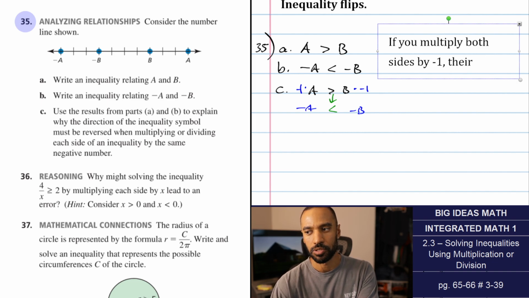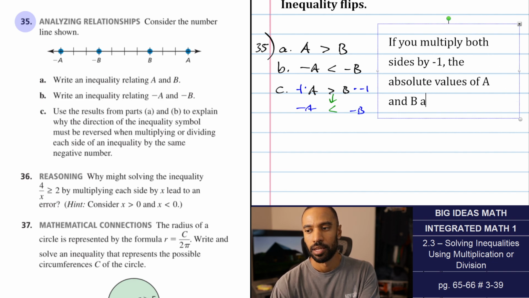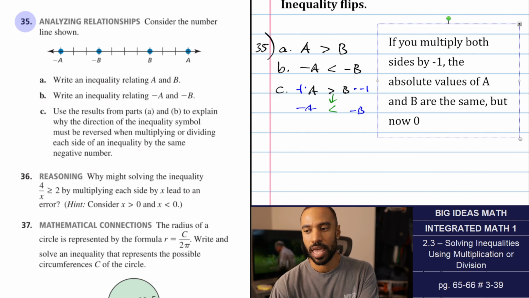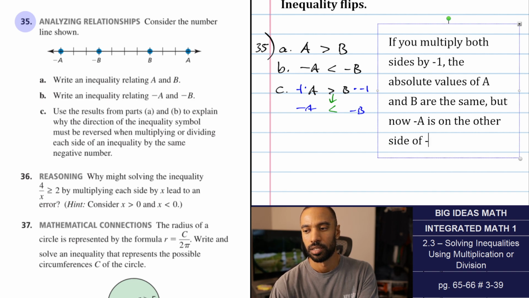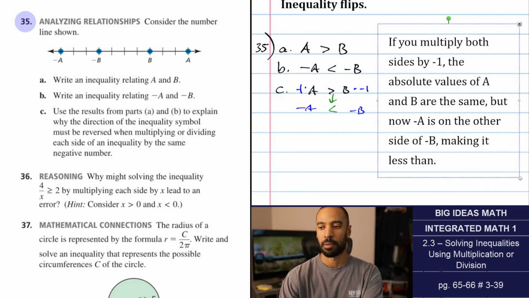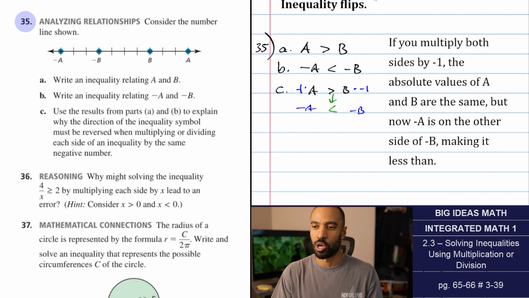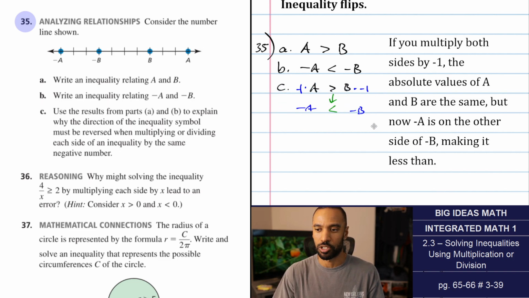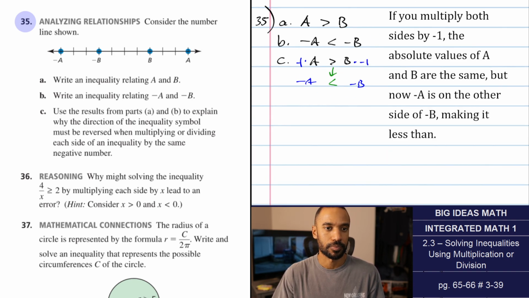Their absolute values are the same. But now negative A is on the other side of negative B, making it less than. I know I'm not describing that best, but by multiplying by -1, it shows that that's where that's going to flip around. Now, I did that in my lecture portion. That was literally exactly what I did in my lecture portion. So hopefully you followed along with what I stated at the time, and that kind of pans out there. Or hopefully it pans out now.